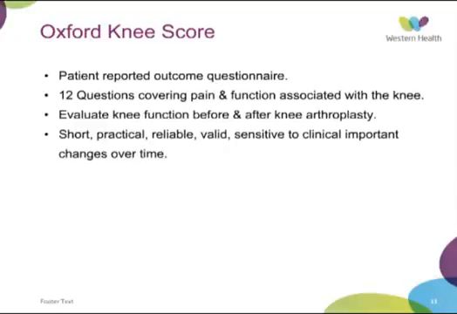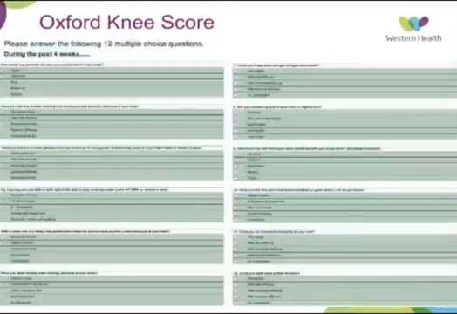It's aimed to evaluate the knee and its function before any treatment and also after arthroplasty, and we compare the results over a period of time. It's a short questionnaire, it's practical, reliable, and valid, and it's sensitive to clinically important changes over time.